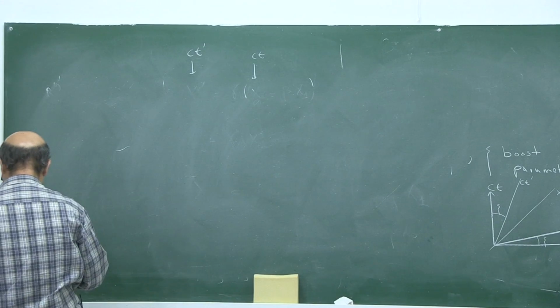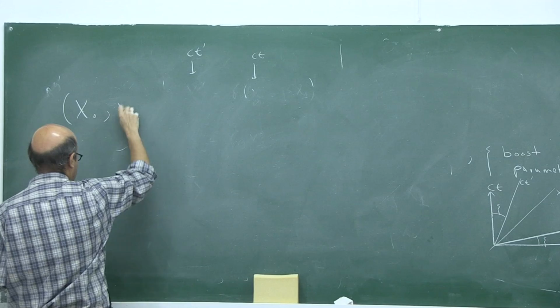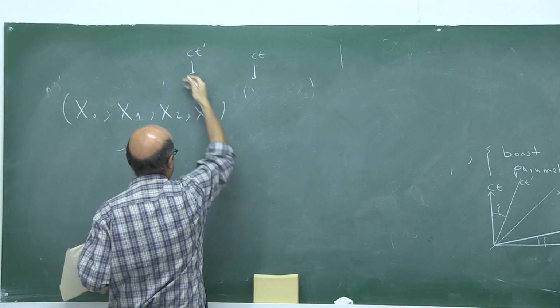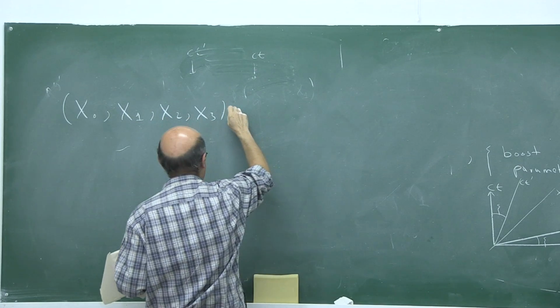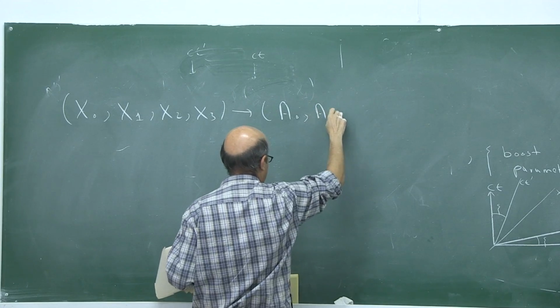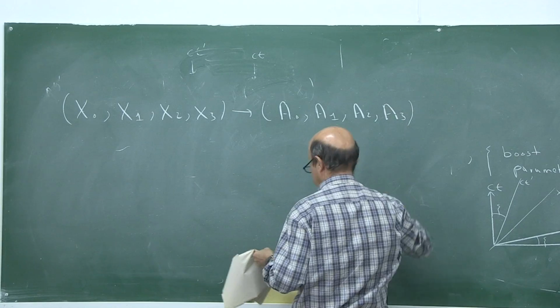So if you have any four vector, let's say A0, A1, A2, and A3.